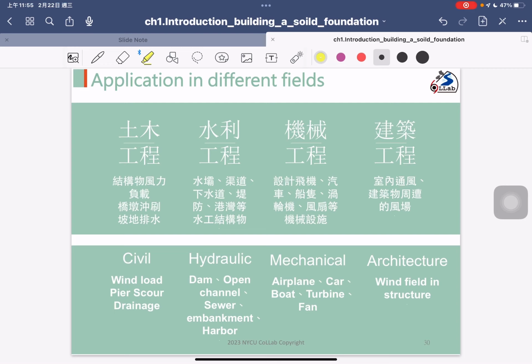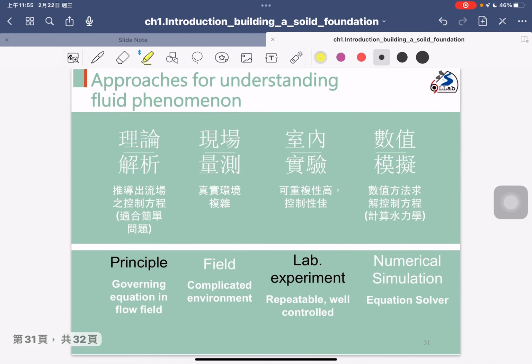In architecture, sometimes you just look at the structures, the design of structures, and how they respond to the fluid. And in our department, in the class design, we have many approaches to understand fluid phenomena.